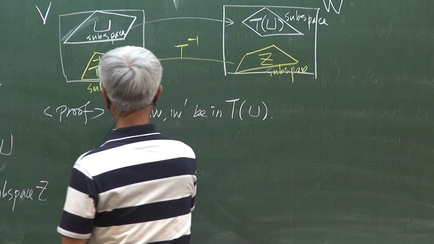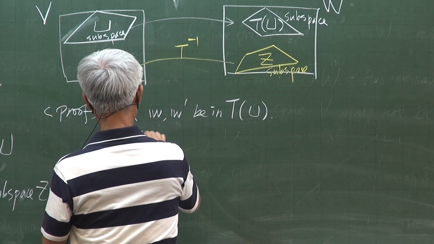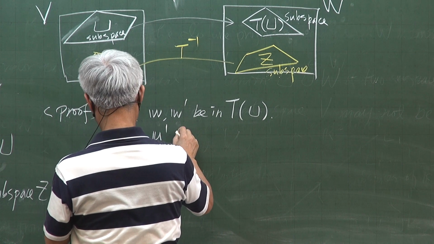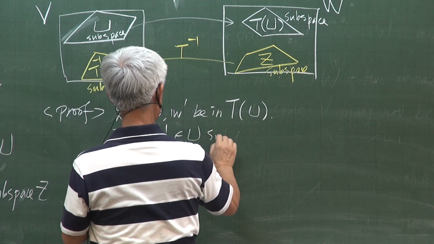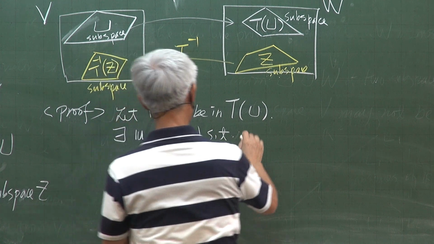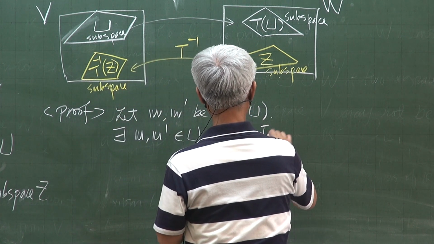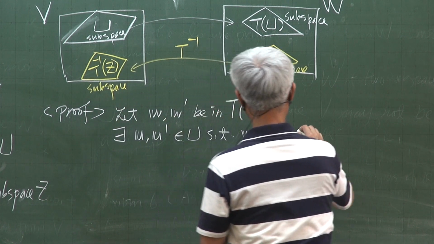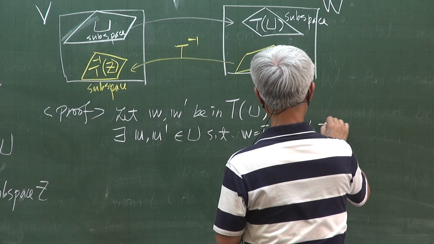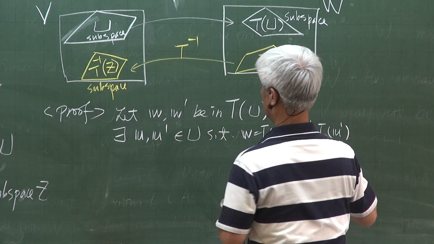Okay, then there exist u and u prime in U such that w is the image of u and w prime is the image of u prime. Okay?